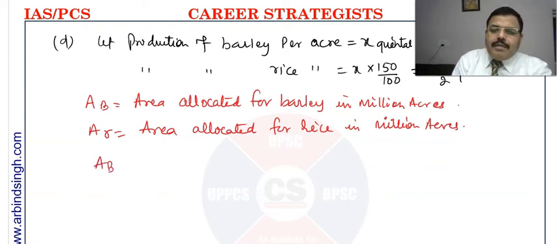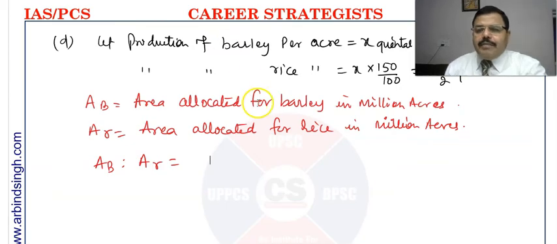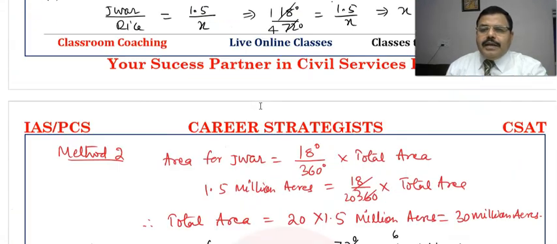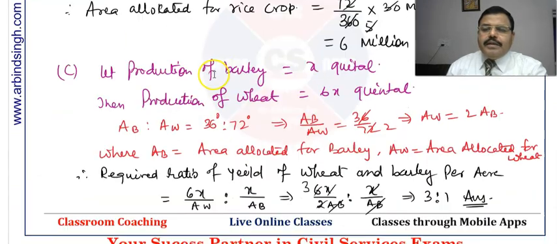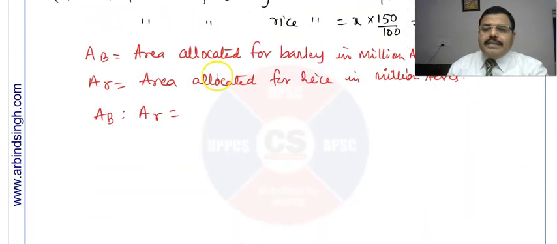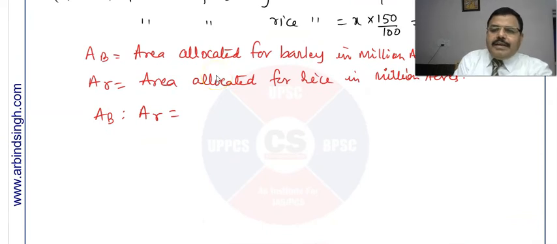So the ratio of the area of barley to the area of rice: barley has a 36 degree central angle because area allocated is directly proportional to the angle. Barley is 36 degree and rice is 72 degree.